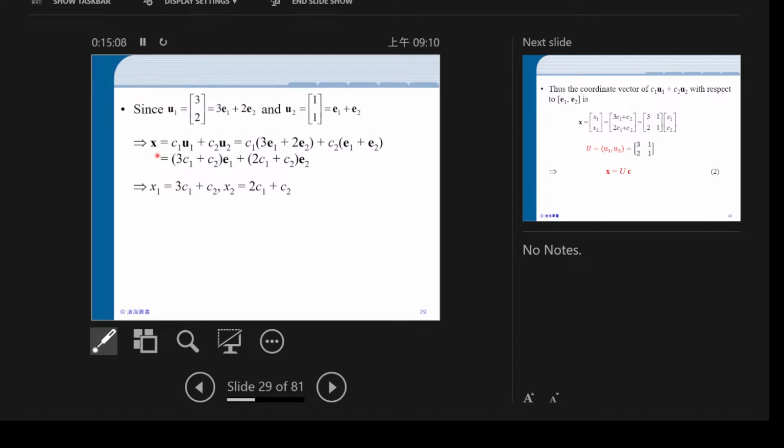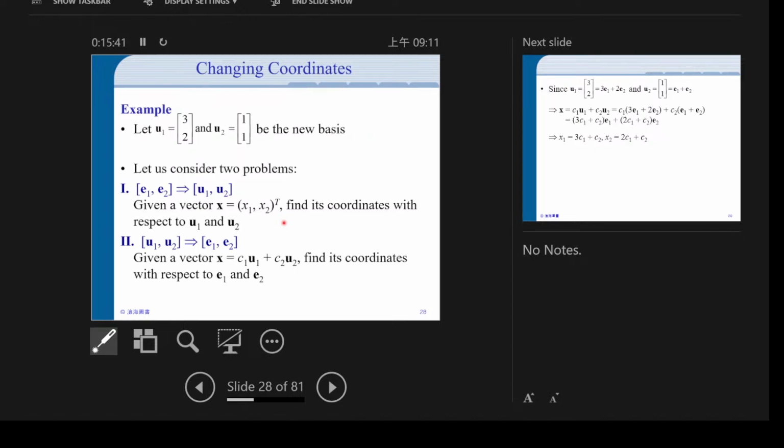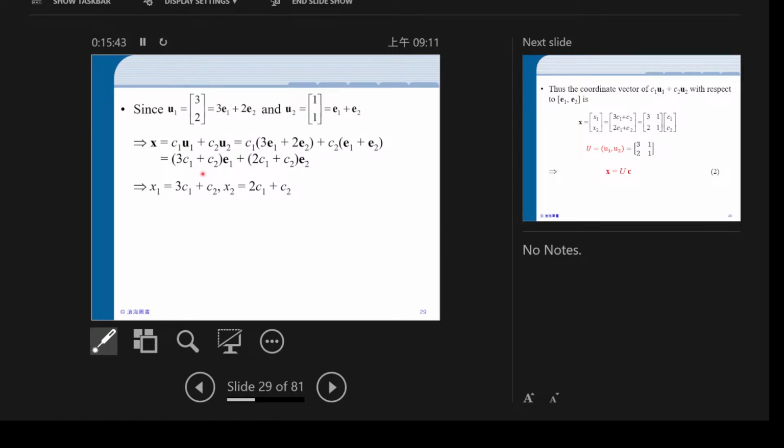So if your vector x equals c1u1 plus c2u2, you can write u1 and u2 in terms of e1 and e2, multiply everything out, and collect the terms with e1 and then e2. Then you get the linear coefficient of e1 and the linear coefficient of e2. So now we have solved the second problem. We see x1 equals this number here, and x2 equals this number here.